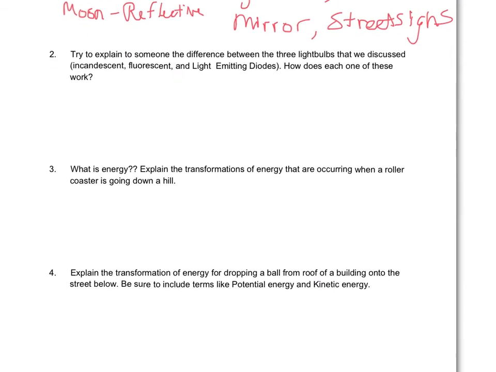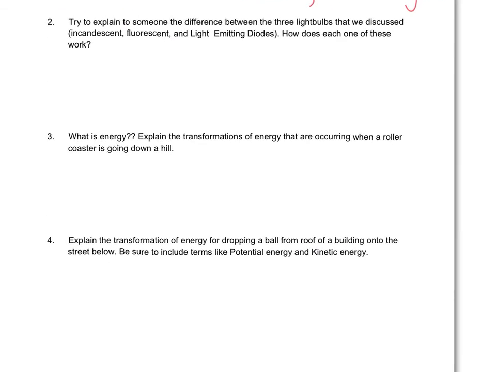Try to explain to somebody the difference between the three light bulbs that we discussed: incandescent, fluorescent, and LEDs, light-emitting diodes. How does each one of these work? For the incandescent, I'm just going to abbreviate here, we have a filament, and that filament is made out of tungsten.